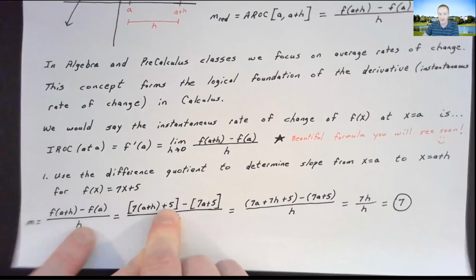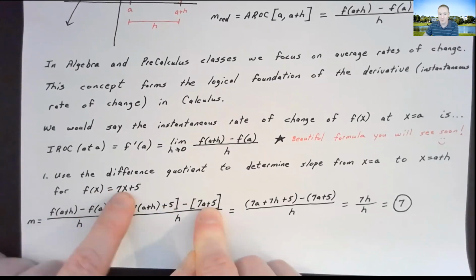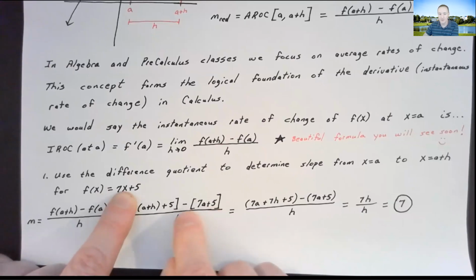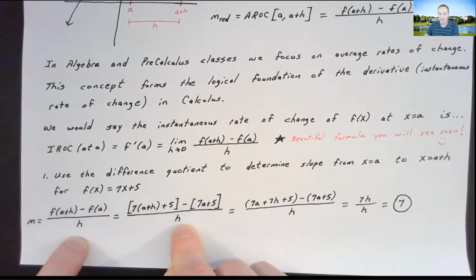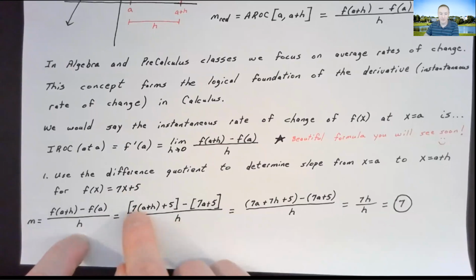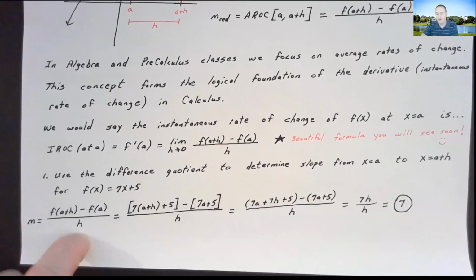This is my f of a plus h. Now, minus f of a. Well, f of a is just your function evaluated at a instead of x. So we get minus the group 7a plus 5, all divided by h. Now, in that numerator, that 7 would distribute through the group a plus h in that first one, and I would get 7a plus 7h plus 5 minus 7a plus 5 all over h.